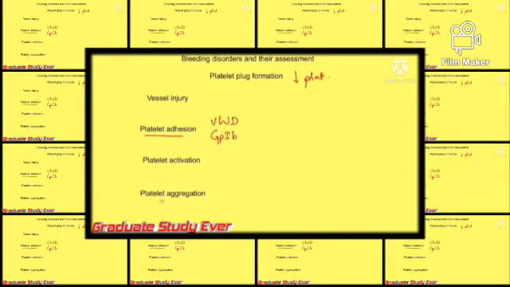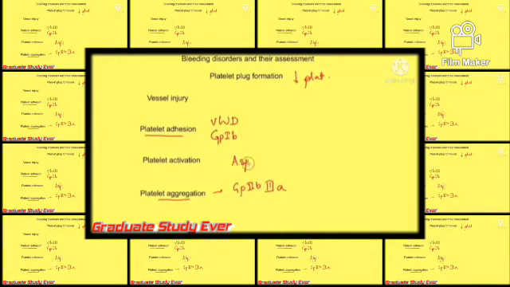Then if there is problem with platelet aggregation, like in GP2B3A receptor problems, even with aspirin overdose, there can be abnormal platelet plaque formation because aspirin inhibits thromboxane, which is important for these steps, platelet activation and platelet aggregation. Similarly, other drug overdose like ADP receptor antagonists, GP2B3A receptor antagonists, they will lead to decreased platelet plaque formation.